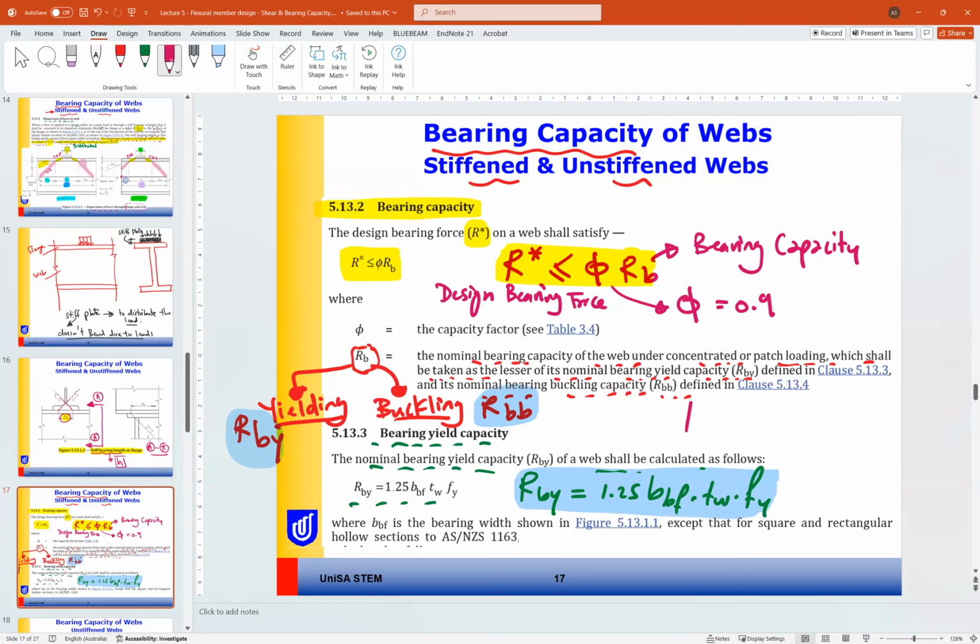RBY is the largest value of bearing capacity we can have. So when no buckling happens, RBY will be more than RBB, where BBF is the bearing width as shown in figure 5.13.1.